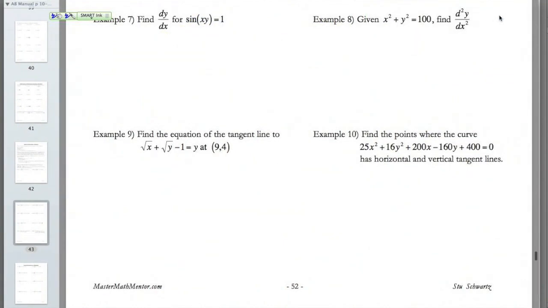All right, what's different about 8? What is that asking me to find? The second derivative. Yes, that represents the second derivative. Why is the squared in between d and y on the top?